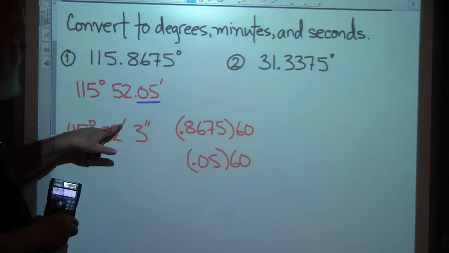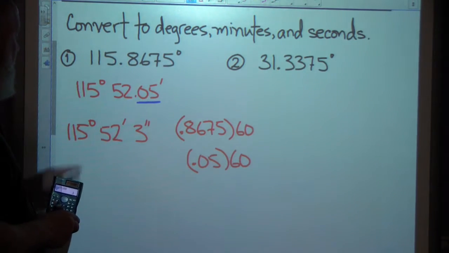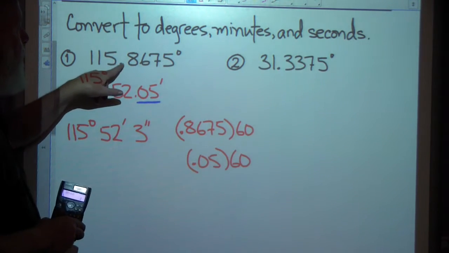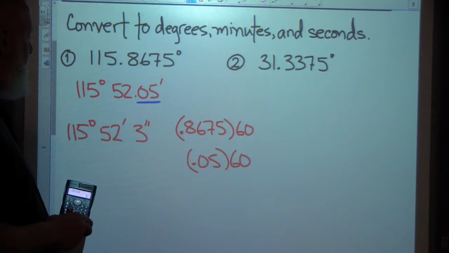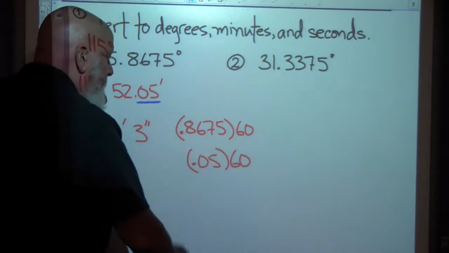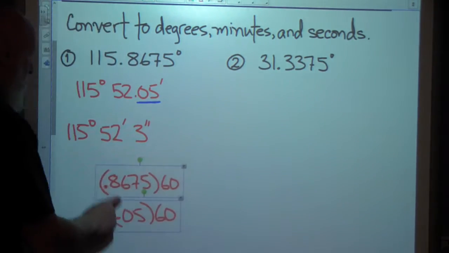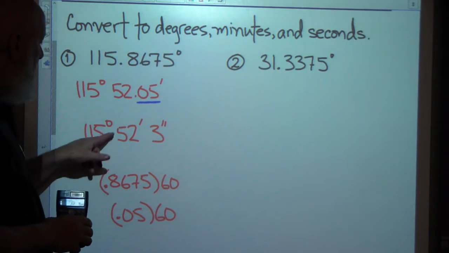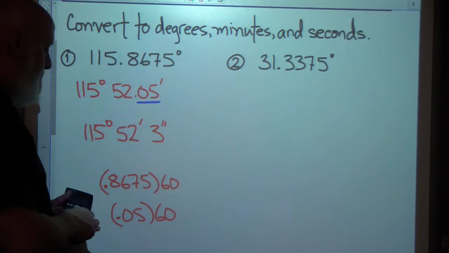And this is the symbol for minutes, that's the symbol for seconds. 115 degrees, 52 minutes, 3 seconds is 115.8675 degrees. Okay? Converting from decimal degrees to degrees, minutes, and seconds.